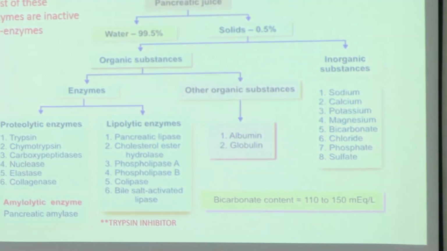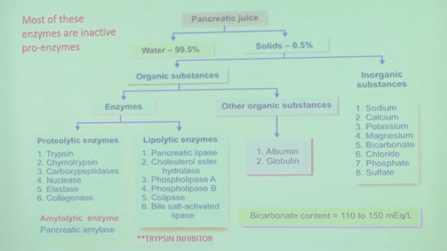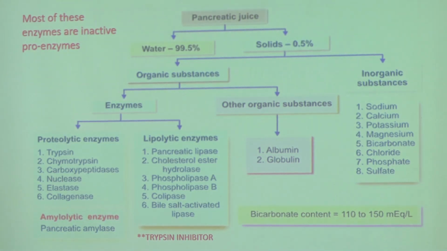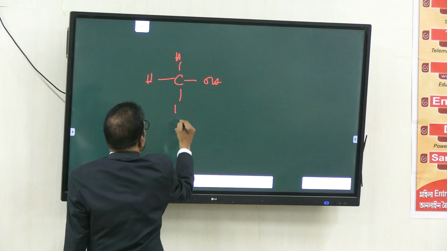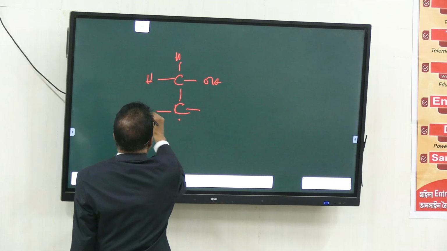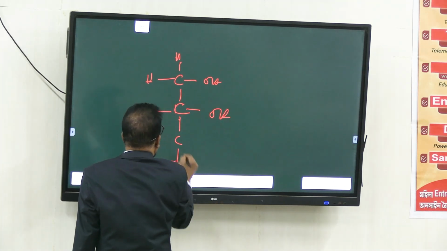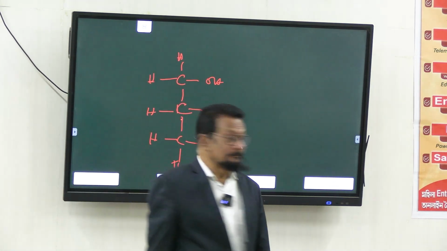Pancreatic lipase, action of lipase: digestion of fat, triglyceride. This is glycerol.